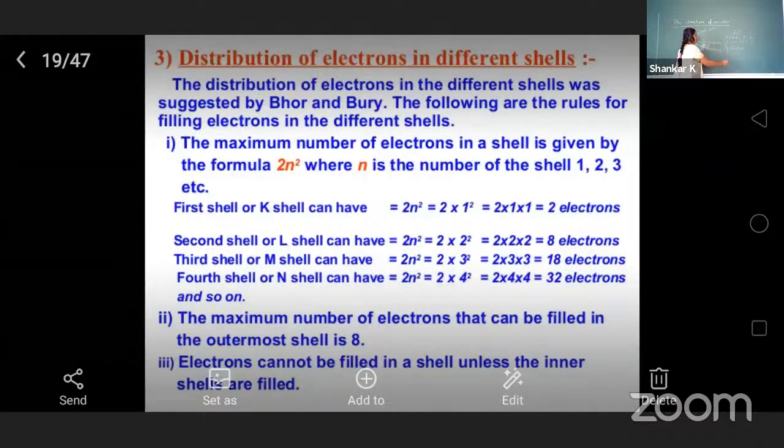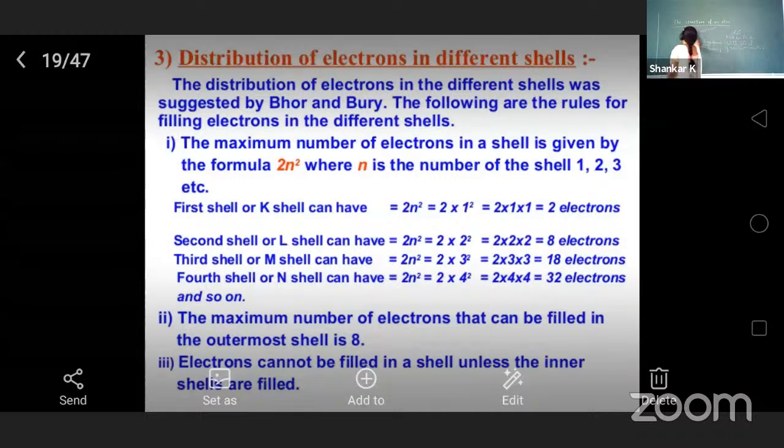Come to the M shell, students. The M number is 3. Putting it in the formula, 3 squared is 9, and 9 into 2 is 18. Eighteen electrons should be present in the M shell. In the N shell, n is 4, so 4 squared is 16, and 16 into 2 is 32.